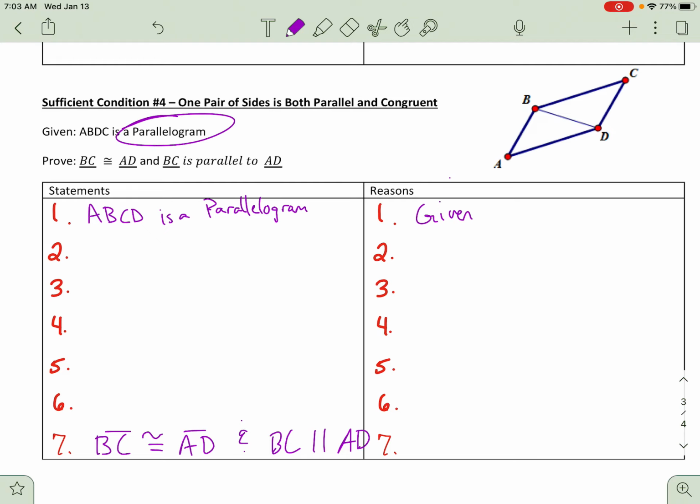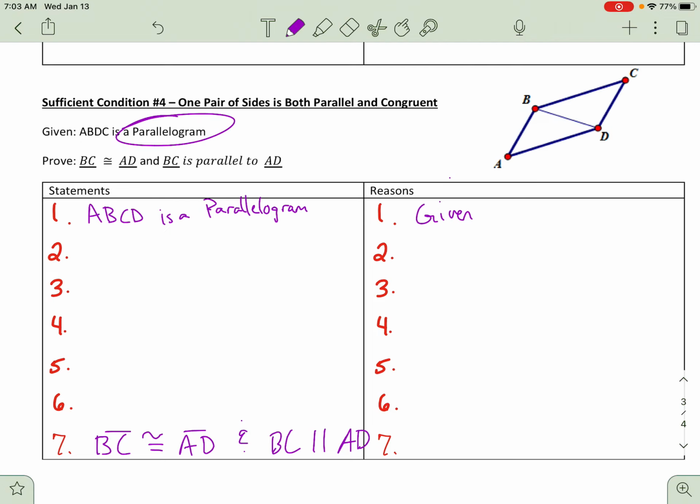Well, because it's a parallelogram, that actually simplifies one part of this. You're not really supposed to put it within the proof itself, but this is not saying, oh, you have to prove that it's congruent and you have to prove that it's parallel. We already know that it's parallel, so really what we're saying is that one side is being proven to be both parallel and congruent, right? So really all we're trying to do is prove its congruency. That's what we're trying to do.